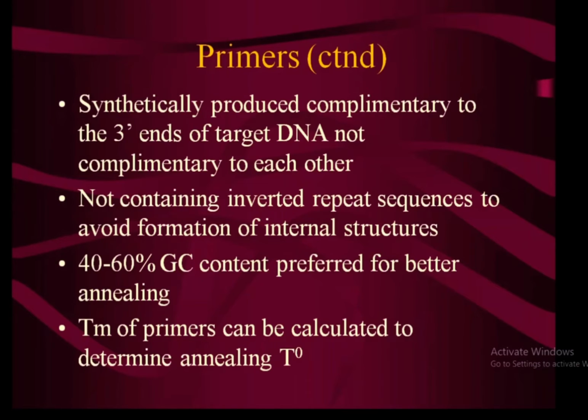They do not contain inverted repetitive sequences, to avoid formation of internal structures. The higher the GC content, the higher the annealing, because G and C are bound together by triple hydrogen bonds, as compared to A and T, which bind through double hydrogen bonds.